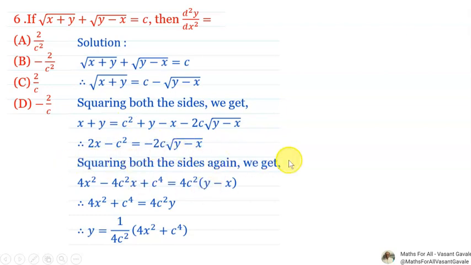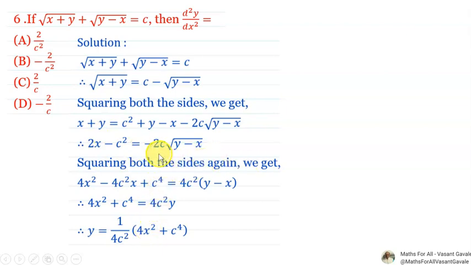Okay, again the squaring on both sides. आता 2x minus c square, that is a bracket square means what, 4x square minus 2 times 2x into c square, and overall you will get here minus 4c square into x. Okay, next minus c square, that will become plus c raised to 4.